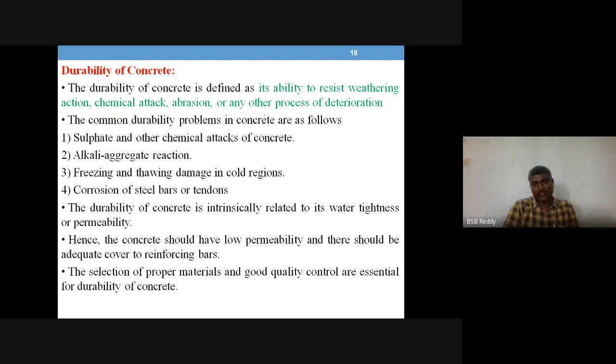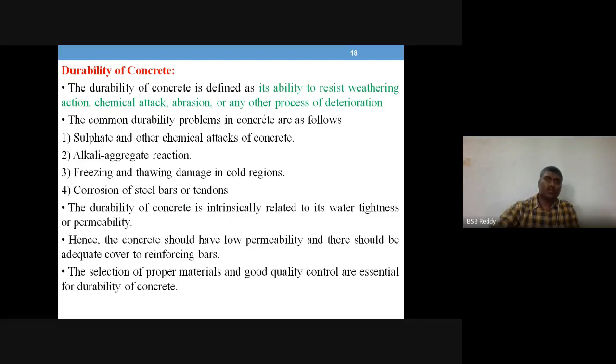Put it in terms of a definition, it's ability to resist weathering action, chemical attack, abrasion, or any other process of deterioration. Whatever the mechanism or the action that is going to deteriorate the structure or structural element, that is to be taken as durability concern.